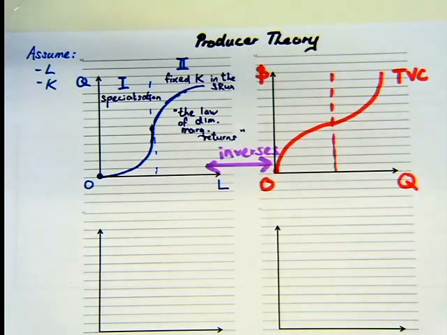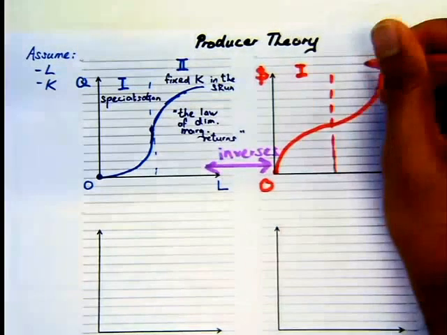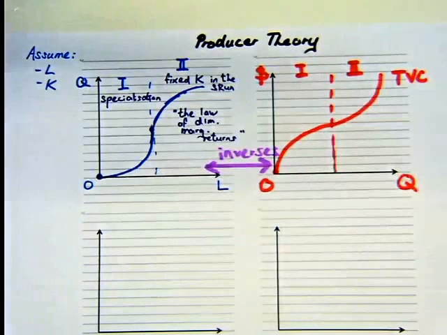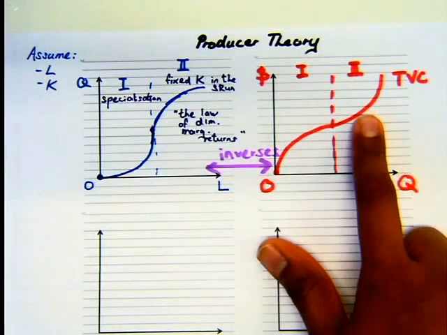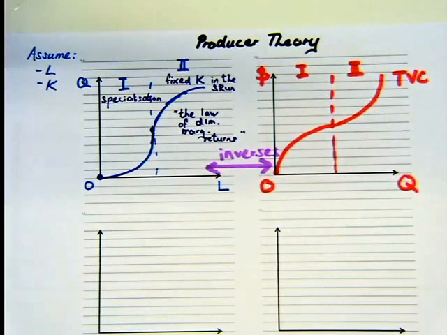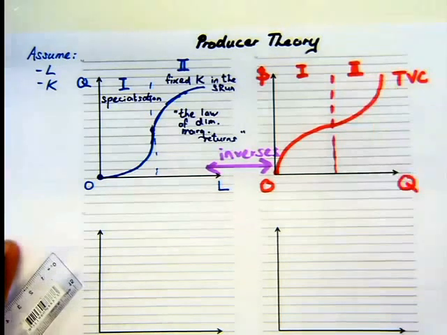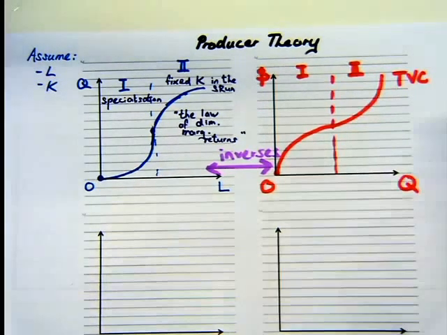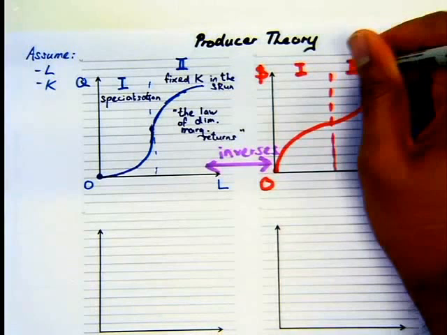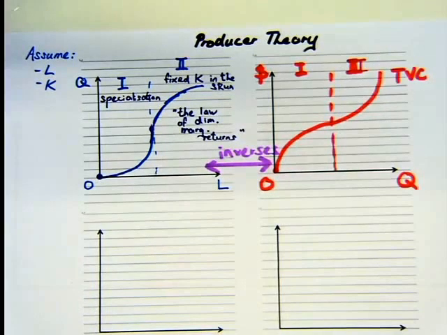So again, we still call this stage 1, stage 2, and stage 2 is still referred to as the law of diminishing marginal returns.